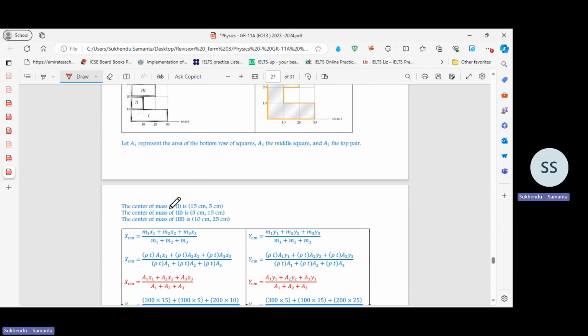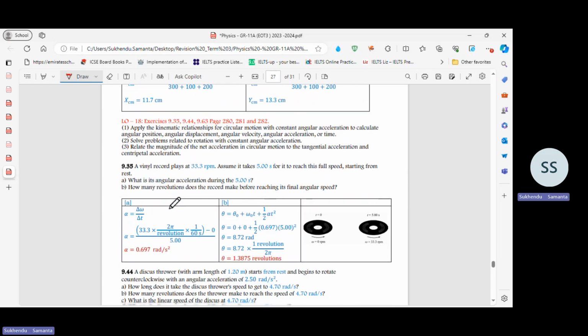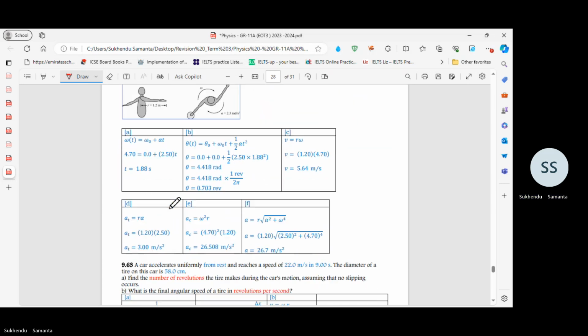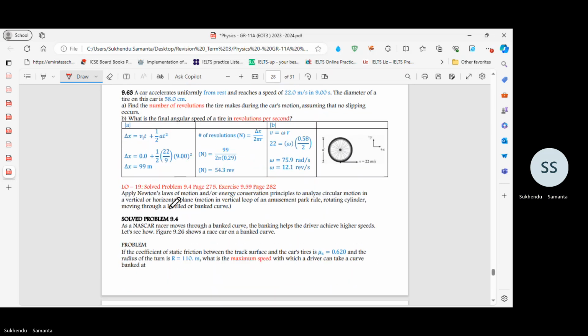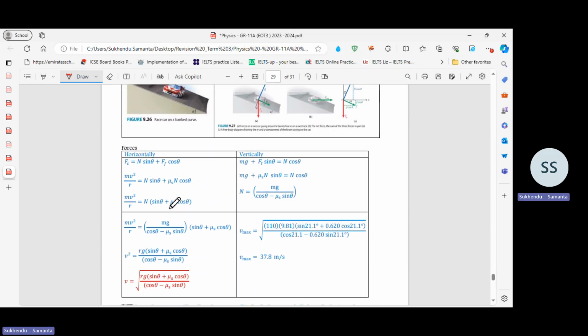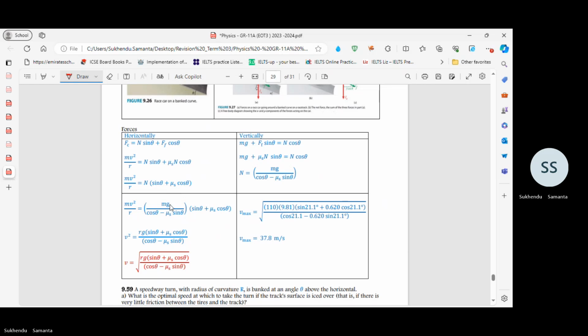So these are a few additional questions also given. Make sure you practice each and every one before your exam. Yes, this one you can directly remember this formula. V max equals square root of Rg. If you remember correctly, V actually has three formulas: square root of Rg without friction; another one, square root of mu Rg with friction; and another one is banking of the road.